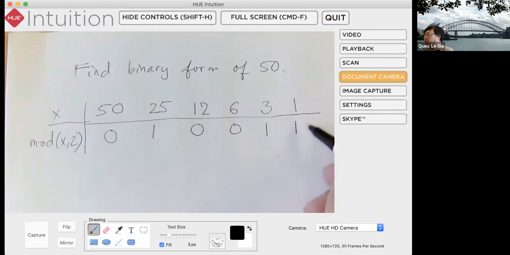Then you stop because you cannot do anything more. Now you start to write backward, like this.